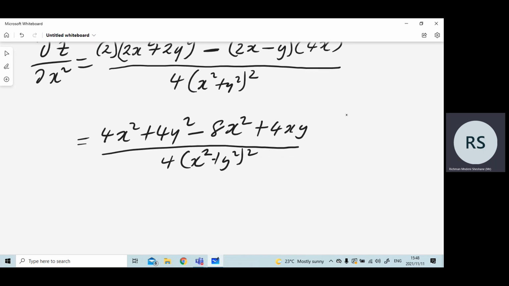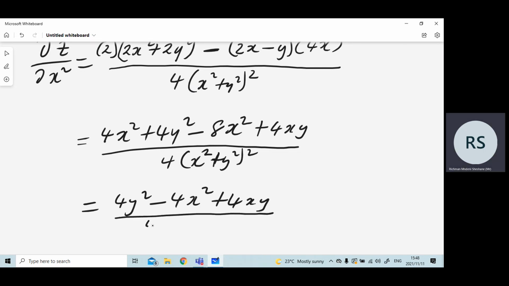I'm simplifying my second partial derivative, that's all. It becomes 4y squared, and then 4x squared minus 8x squared, which is minus 4x squared, and then plus 4xy, all over the denominator x squared plus y squared, to the power of 2.